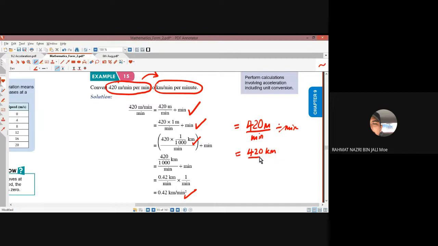Okay, meter convert to kilometer divided by 1000. Okay, di bawah ini masih lagi minute divided by minute. Kita akan dapat jawapan yang sama. 0.42 kilometer per minute. Minit kuasa 2.